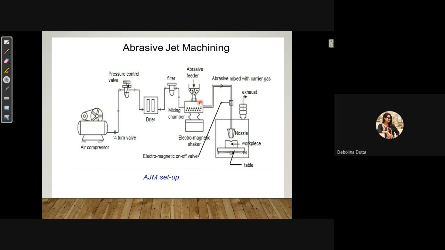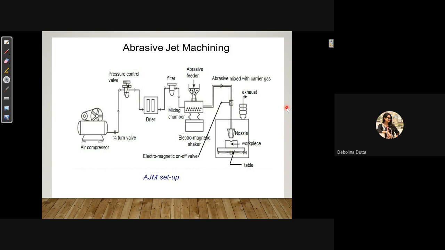Electropneumatic, actually, you can say. Then there is an on off valve carrying the abrasive mixture. When the valve is on, the abrasive mixture is allowed to issue from the nozzle.